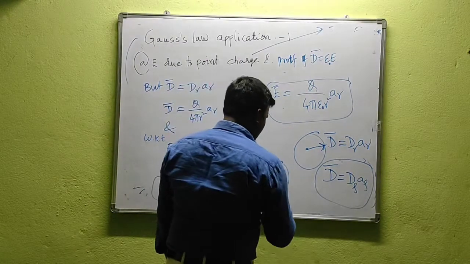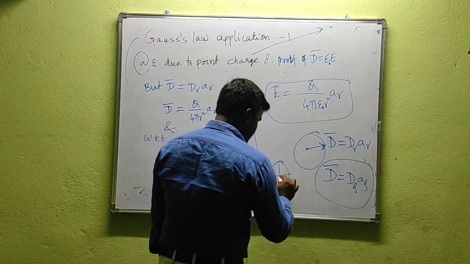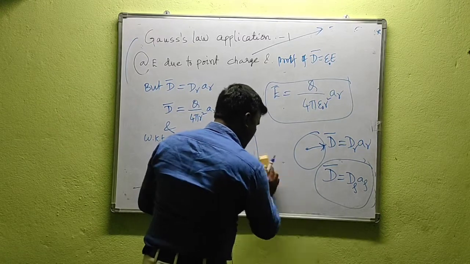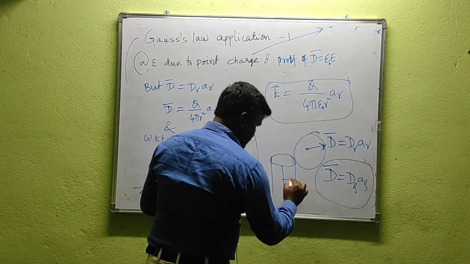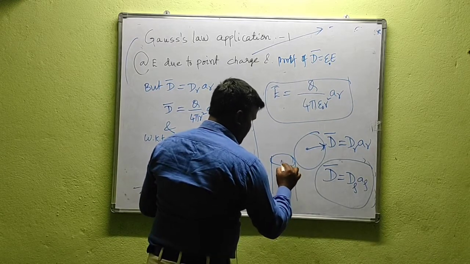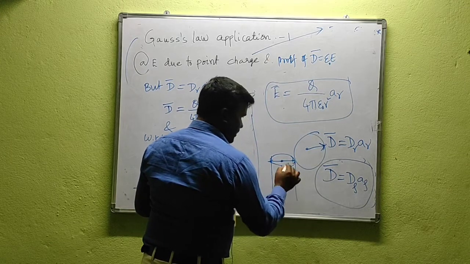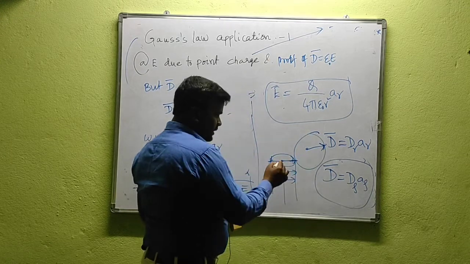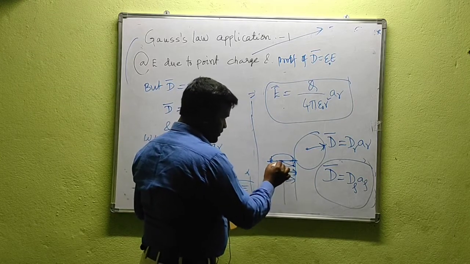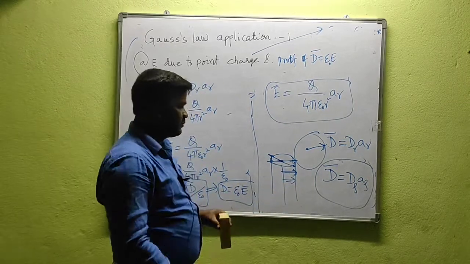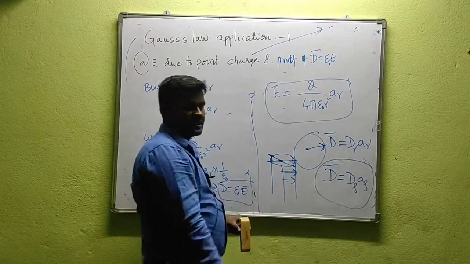Why only rho? If it is a cylinder of radius rho, let us take it like this, radius rho. We have the symmetry. If it is positive a rho, then it is negative a rho. If it is positive a rho, it is negative a rho. That means the component along the rho direction is cancelled out.